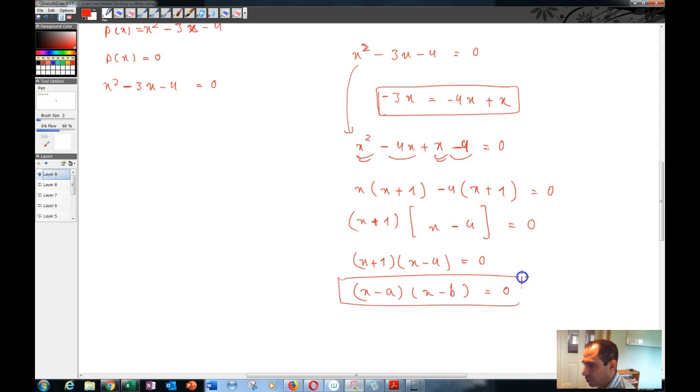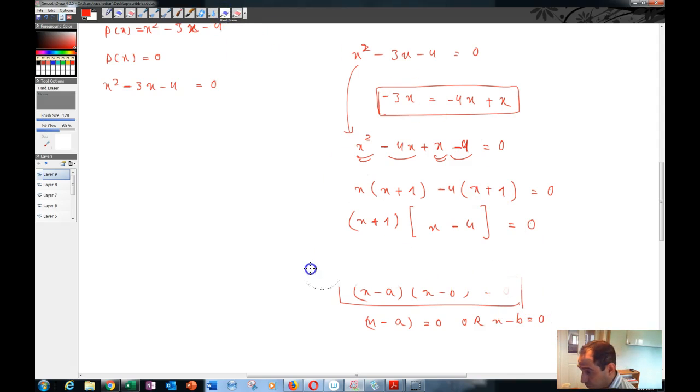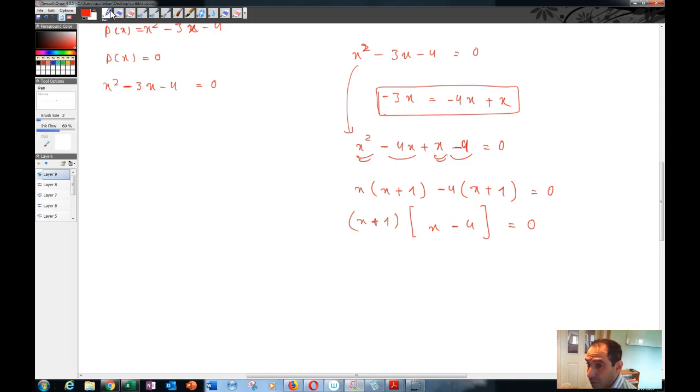And now what that means is that, because the product of these two polynomials is equal to 0, either x minus a is equal to 0, or x minus b is equal to 0. So that's what I want to do over here.